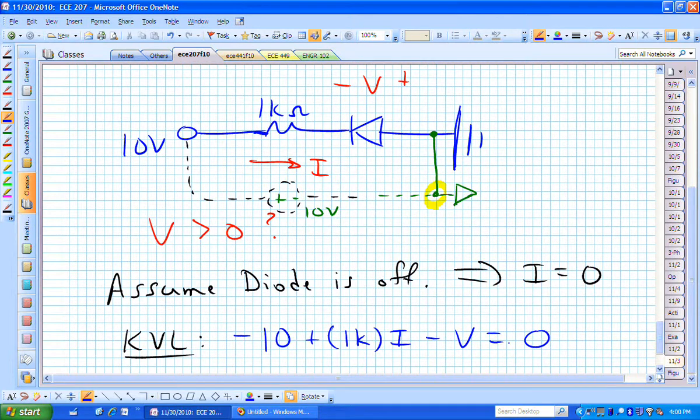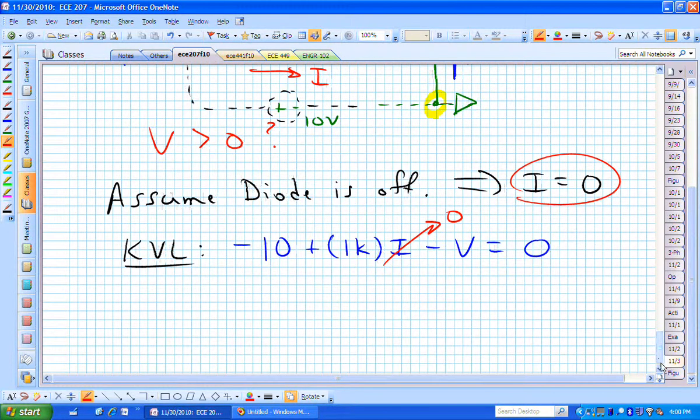And if you get comfortable with that first sketch without the additional dashed information, that same KVL equation is true or exists. But with this, if I is equal to 0, that's 0. We can solve for the voltage, which says that V is now equal to minus 10 volts.